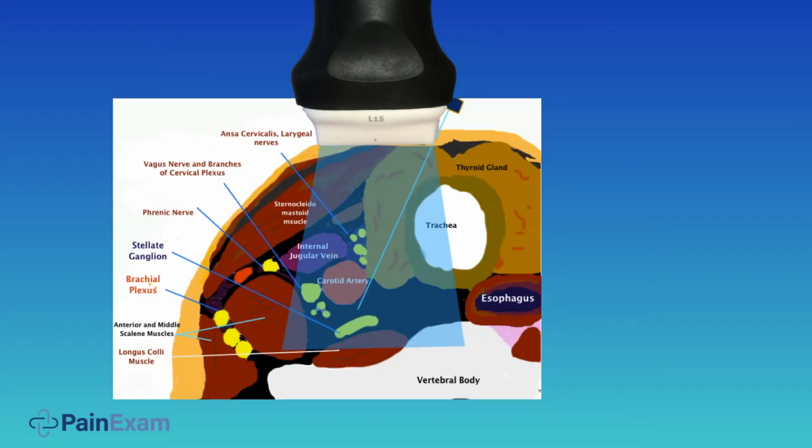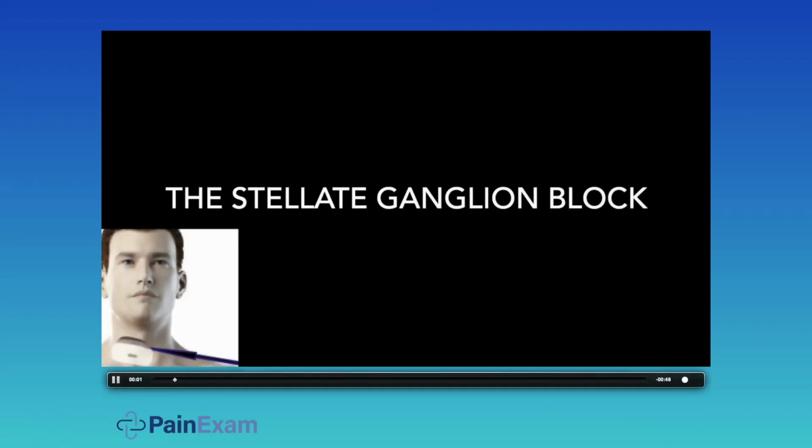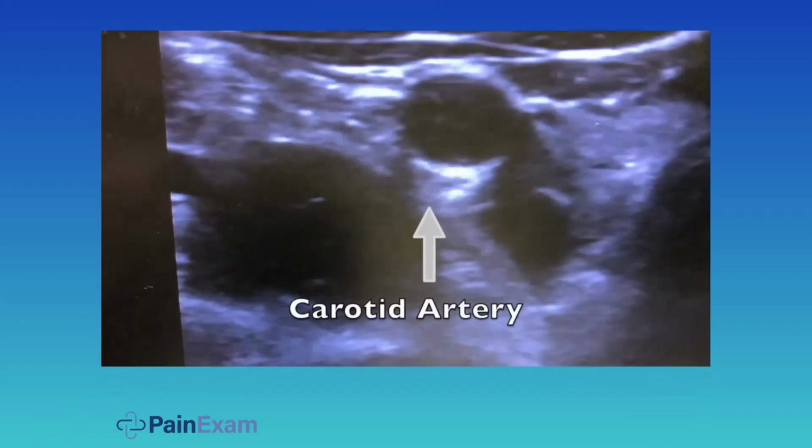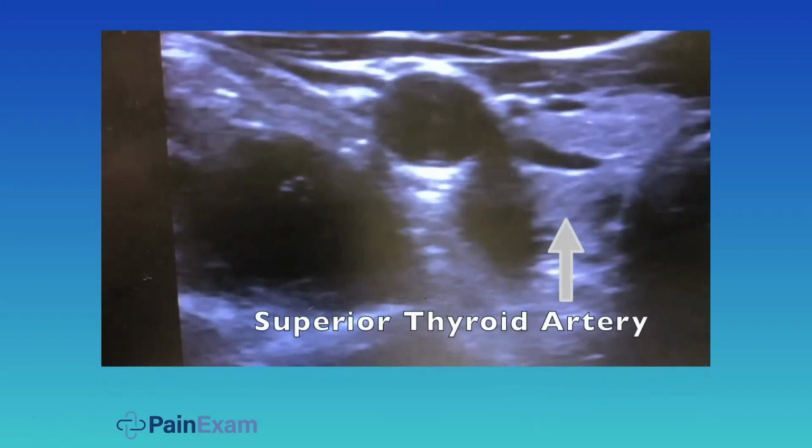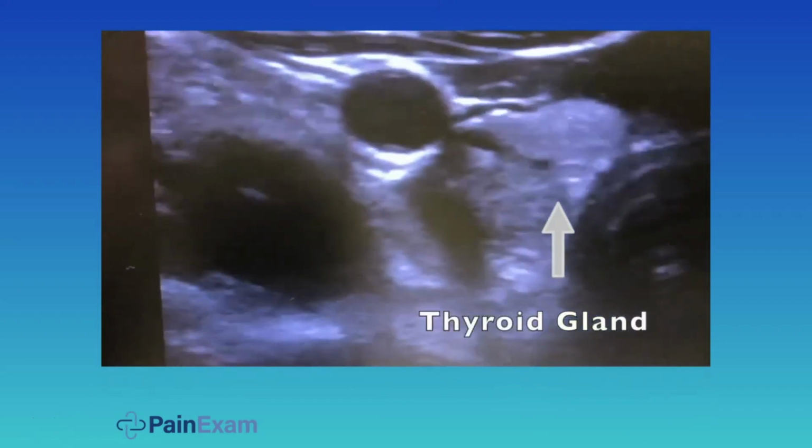Another picture. This is the medial approach. So the needle's coming through the thyroid to get the stellate ganglion. So this isn't finding the carotid artery, and there you see the superior thyroid artery, which you want to stay away from, and the thyroid gland.